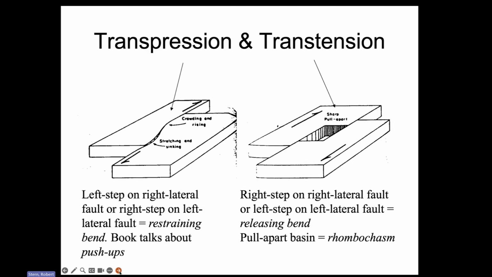On the other hand, if we have a step on one of these faults, either to the left or the right, we can have strong compression or strong extension. And which one of these happens depends on which way the step is relative to the offset on the fault.